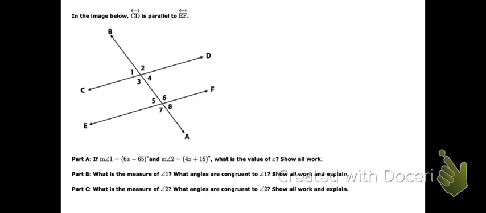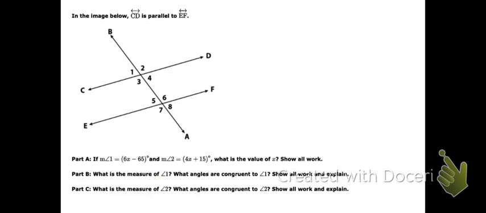You need to solve part A to figure out what x equals. I was just showing you an example. Whatever you found out x equals in part A, substitute it in here to find the measure of angle 1, and here to find the measure of angle 2.